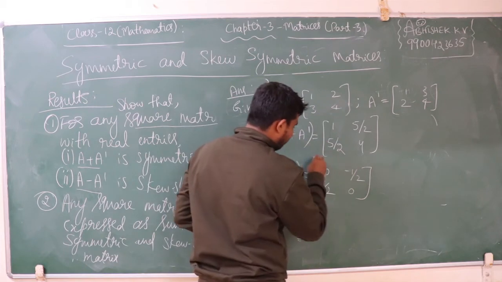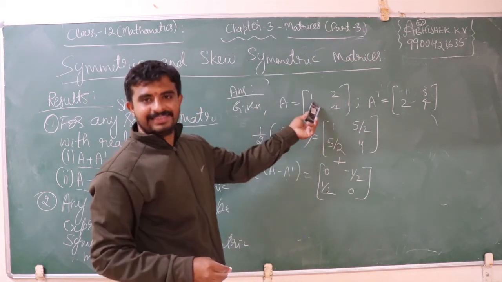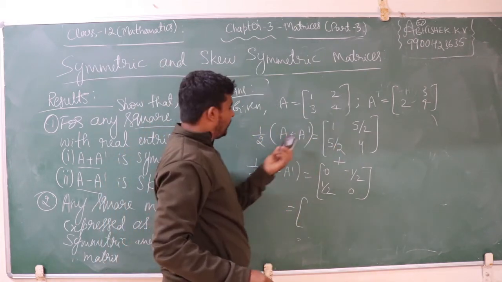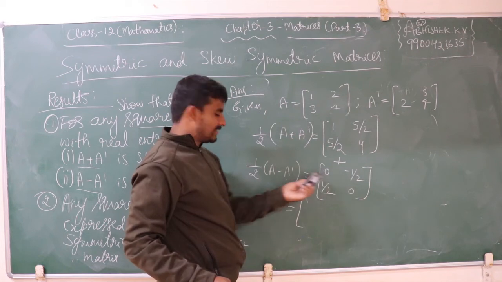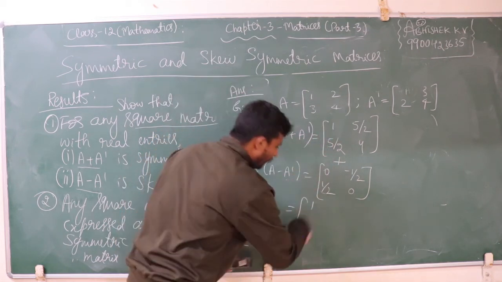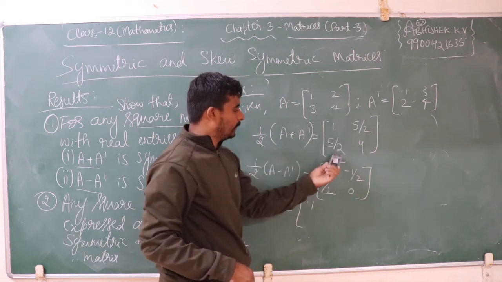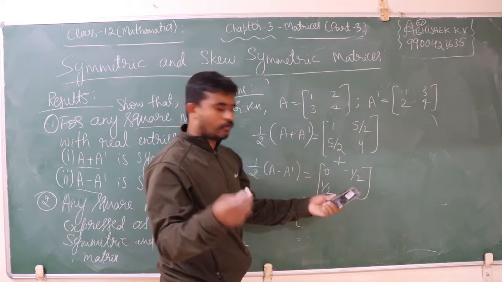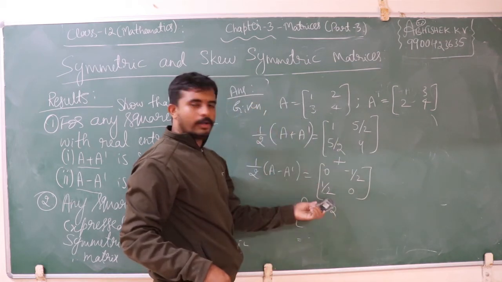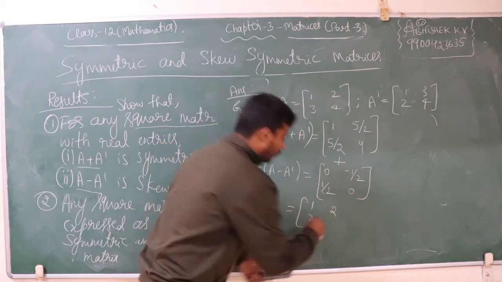The addition of these should give this matrix. Let us check. The first row, first element of the symmetric matrix is added with the first row, first element of the skew symmetric matrix. 1 plus 0, 1. 5 by 2 plus minus 1 by 2, 5 minus 1, 4, 4 by 2, 2. 5 by 2 plus 1 by 2, 5 plus 1, 6, 6 by 2, 3. 4 plus 0, 4.